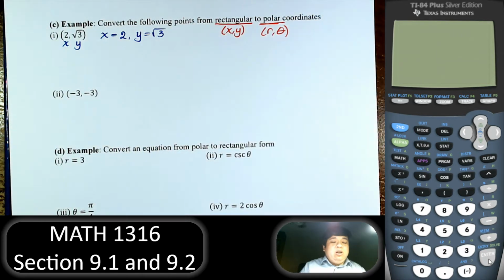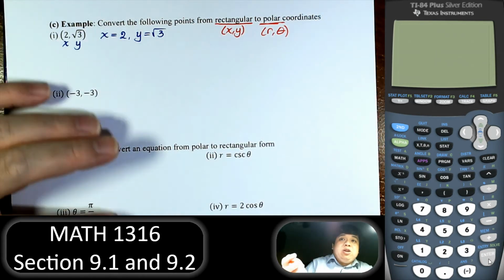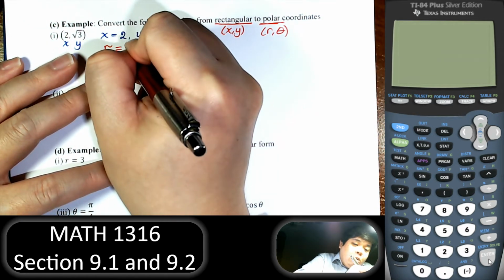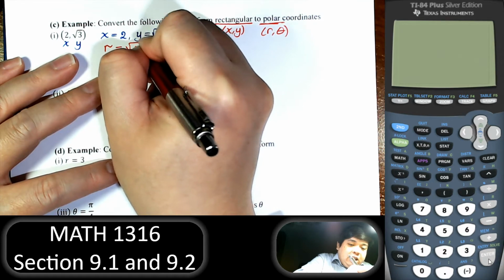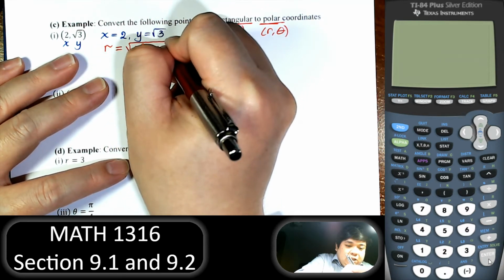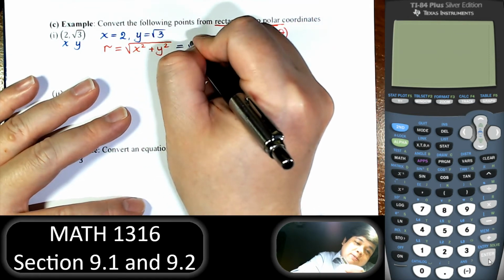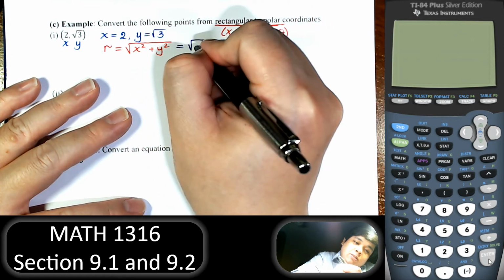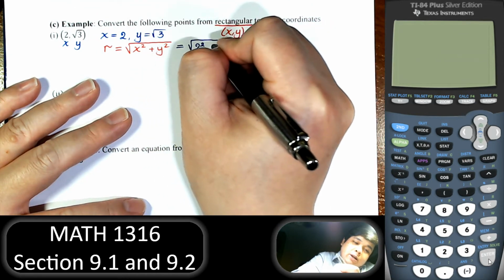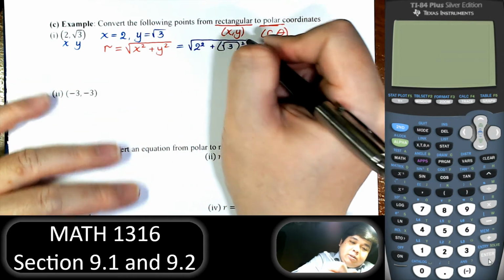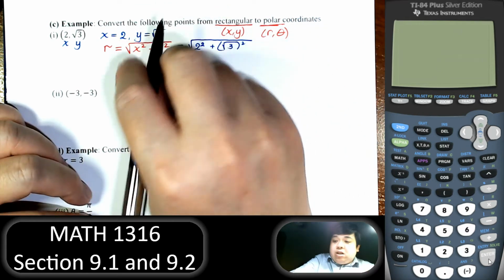And then we can solve for r. x squared plus y squared is r squared. So that's not difficult. By default, we can just say let r be positive. So 2 squared plus square root of 3 squared. By the way, I think this is a typo.